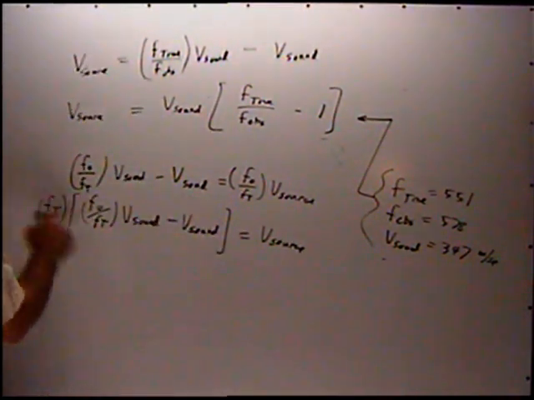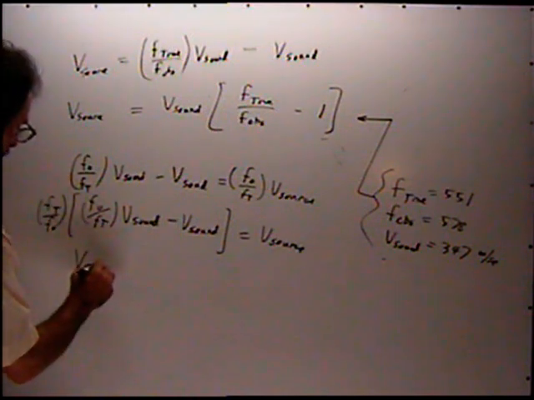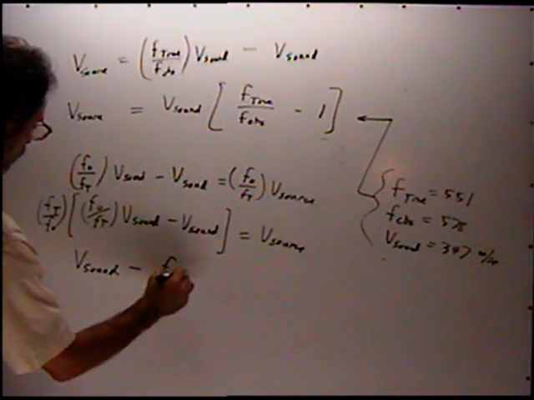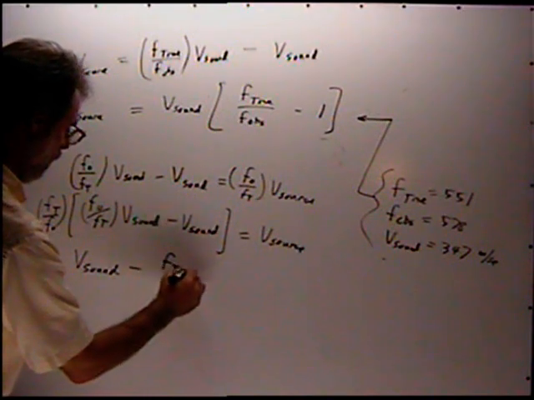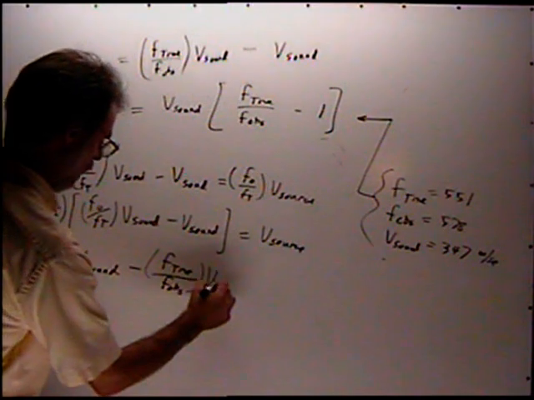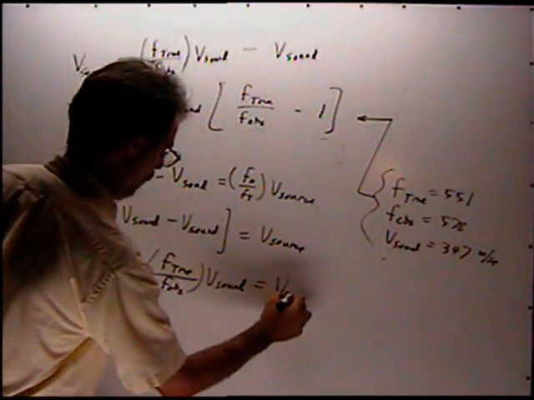Notice the first term, the factors cancel out completely, when I get V sound minus F true over F observed times V sound equals V source.